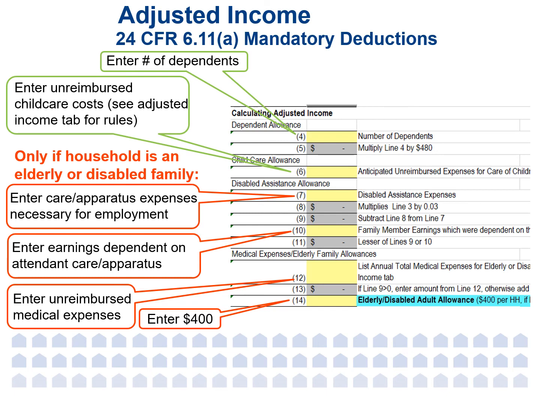The deductions for attendant care, auxiliary apparatus, and medical expenses only kick in when their sum exceeds 3% of the household's annual income. So it is possible that you will include deductions and the participant's rent will not be affected. In line 14, enter $400 if the household is an elderly or disabled family.